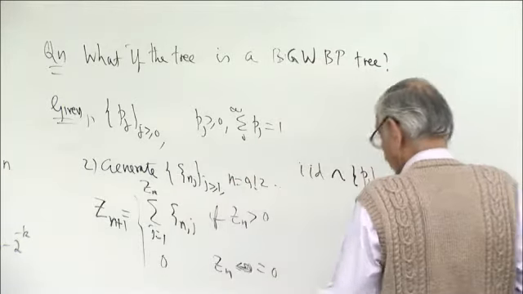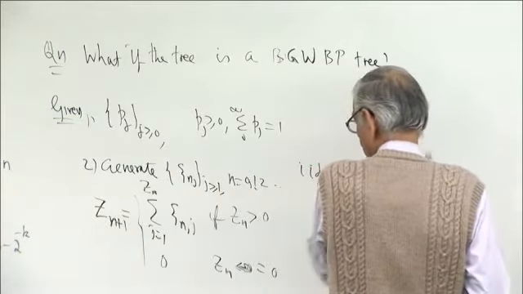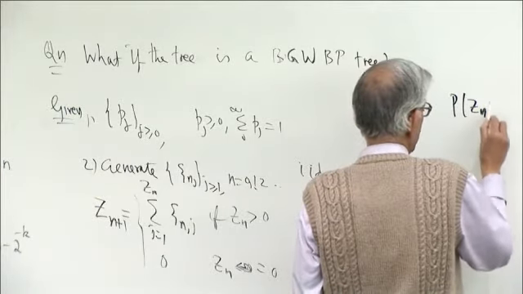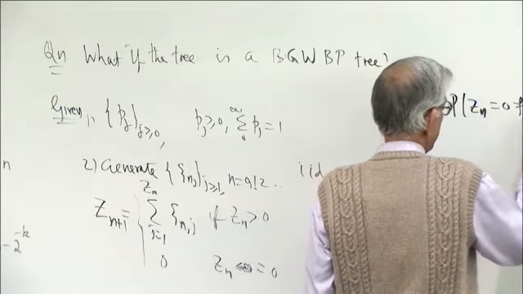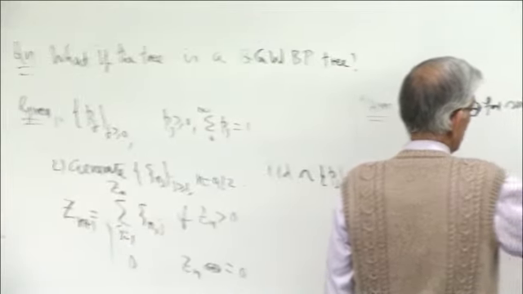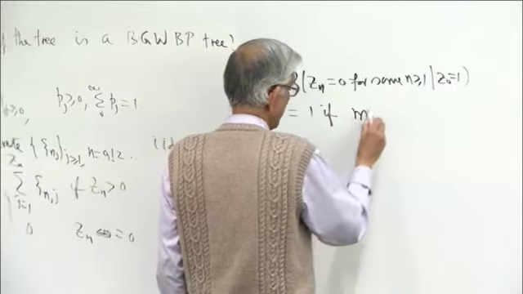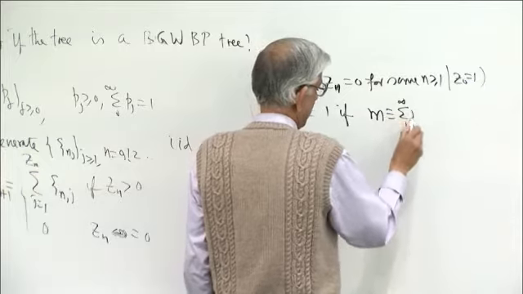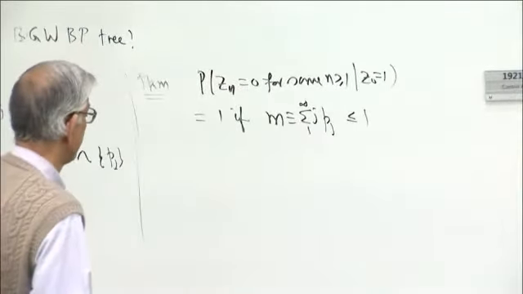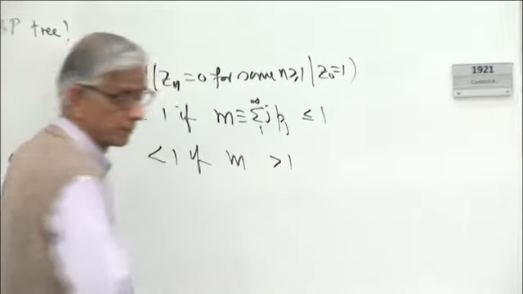It goes back to Galton himself, and then Reverend Watson, who produced a wrong solution: the probability that Zn equals 0 for some n greater than or equal to 1, conditioned on Z0 equal to 1, is equal to 1 if the mean number of children produced per parent is less than or equal to 1, and is strictly less than 1 if this m is greater than 1.